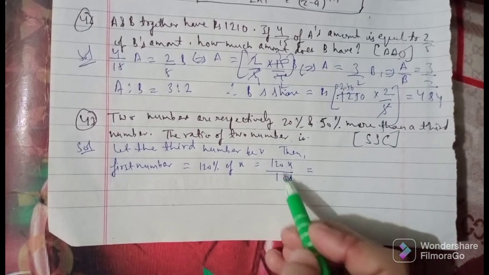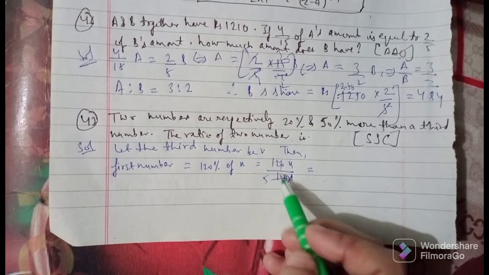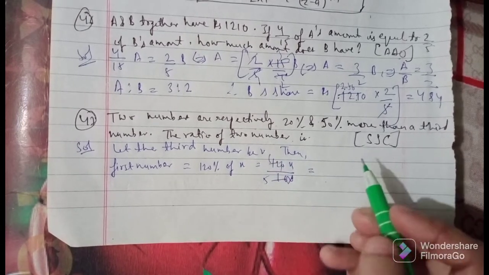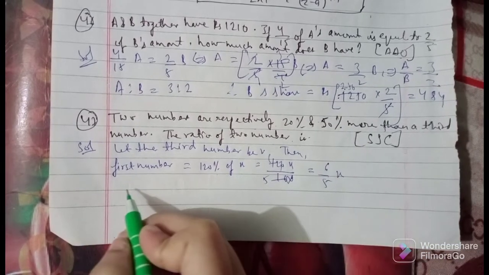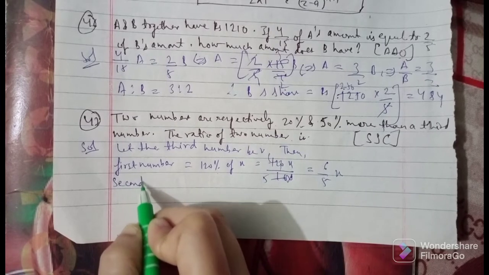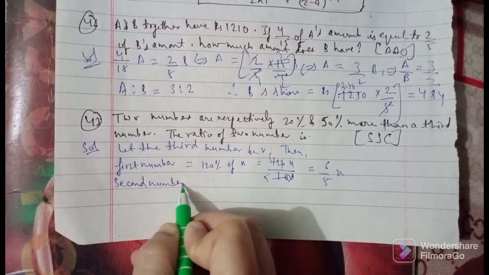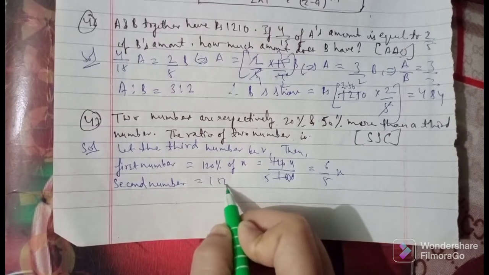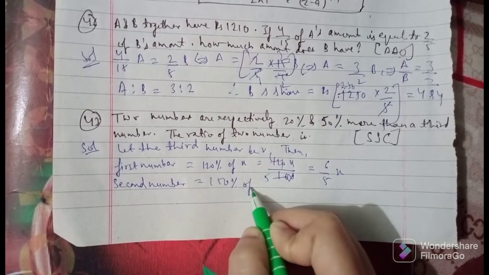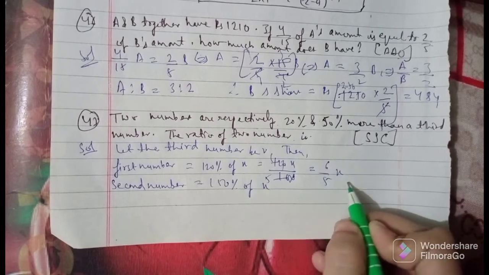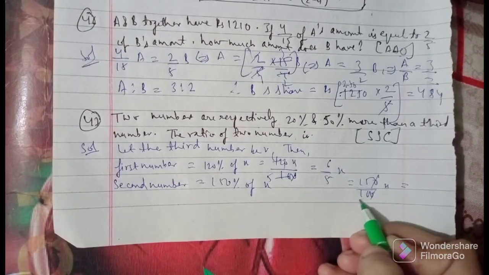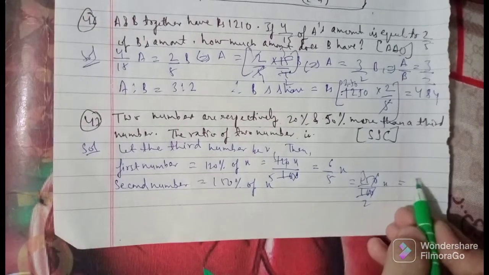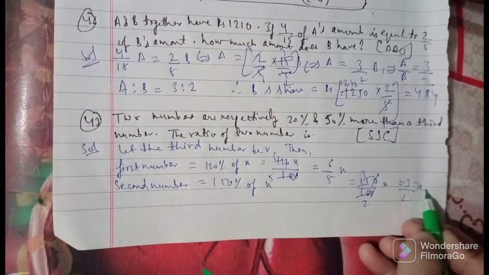So 0 is cancelled by 0, 5 2s are 10, 2 5s are 10, and 2 6s are 12. So it is 6 upon 5 x. Now the second number is 150% of x, 150 upon 100 x. So here 0 is cancelled, 5 2s are 10, 5 3s are 15. It is 3/2 x.